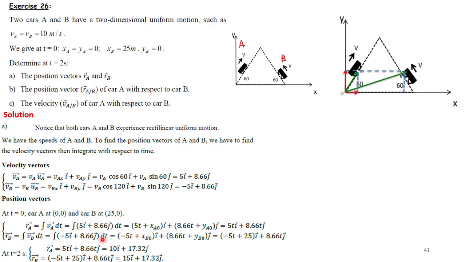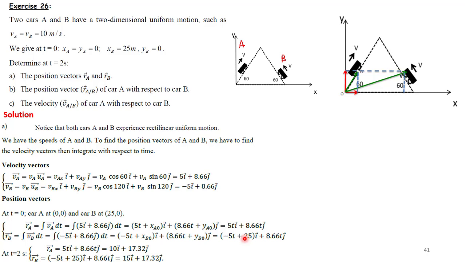The integral of minus 5I dt gives minus 5t plus a constant along I, plus the integral of 8.66J dt, which is 8.66t plus a constant yb0 along J. We know yb0 is equal to 0 and xb0 is equal to 25, and we can obtain RB and RA as a function of time.